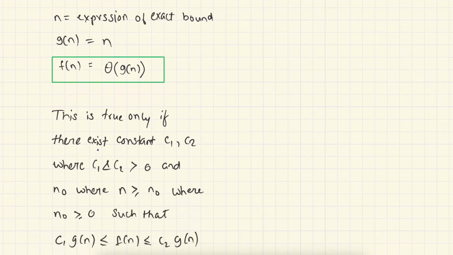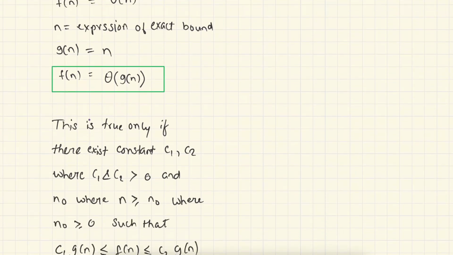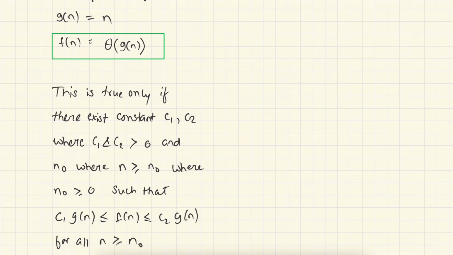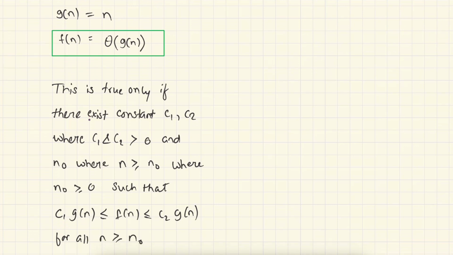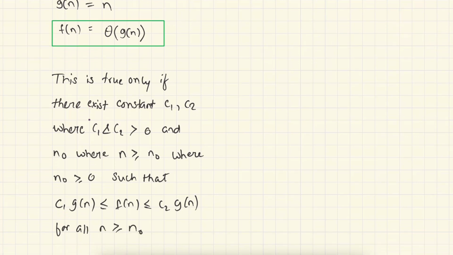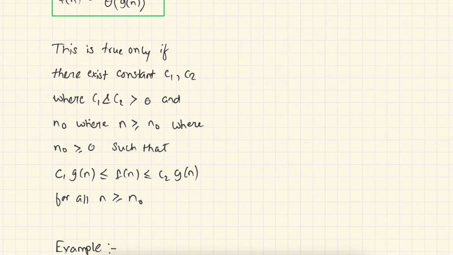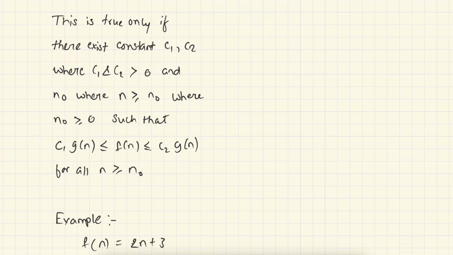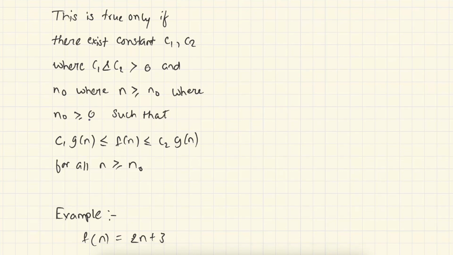Now here is the twist. We can say that our function f(n) is theta of g(n) only if there exist constants c1, c2 and n0, where c1 and c2 are both greater than 0 and n0 is also greater than 0, such that c1 g(n) <= f(n) <= c2 g(n) for all n greater than or equal to n0.